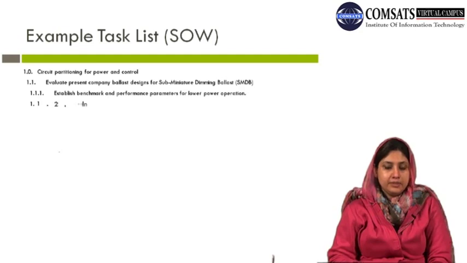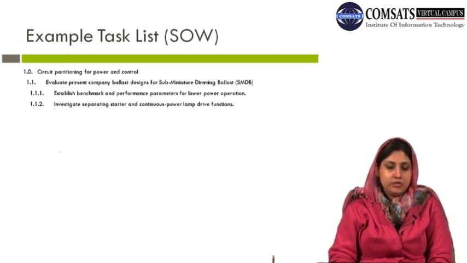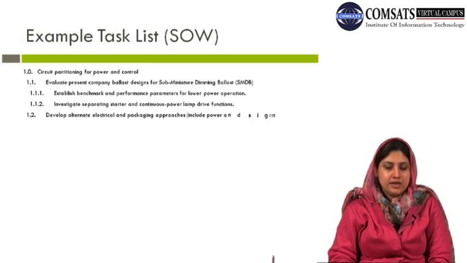Now look at this example of the task list. And the task list is about circuit partitioning for power and control. And you can see how different tasks are numbered accordingly. Evaluating a present company, establishing benchmark, investigating separate starters, and then developing alternate electrical things.